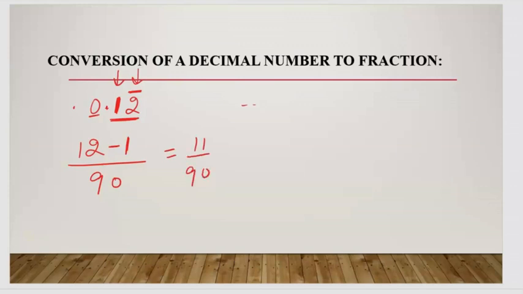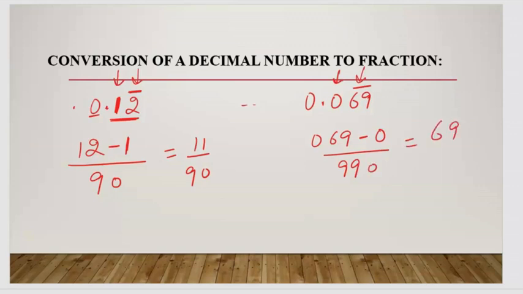I hope you understand. If not, then you can rewind and watch it again. Let's have one more example here. 0.069 bar. Now what is this? Same as before, write the whole number 069, it can be 69 also, minus 0, so 0 subtract, divide by two numbers which have bar, so 99, and one number which does not have any bar, so 0.